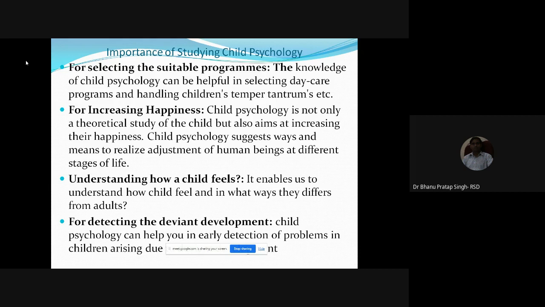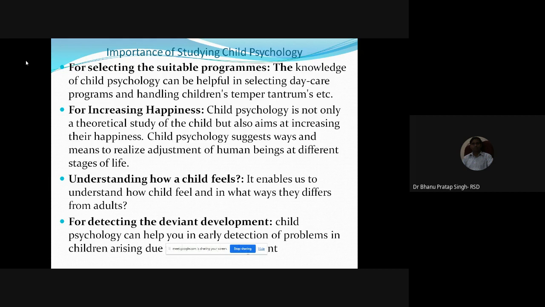The third is understanding how a child feels. If we are not aware of child psychology, then we will not be able to know how the child is feeling. So it enables us to understand how children feel and in what way they differ from adults, and this comes by studying child psychology only.